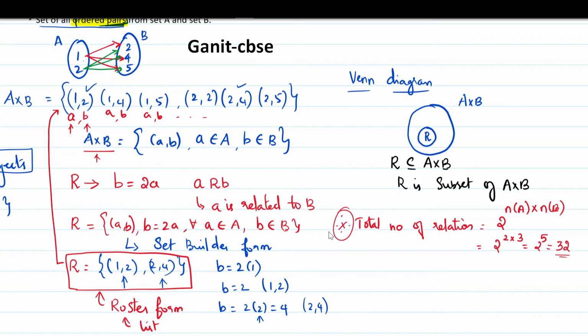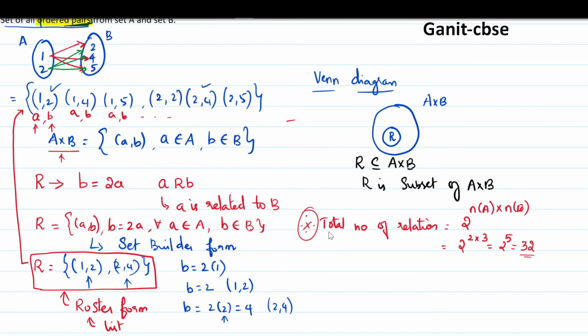Depending on the given relation, we can get two types. One is the empty relation, another is the universal relation. We'll use the same Cartesian product A cross B, and I'm going to write two relations.